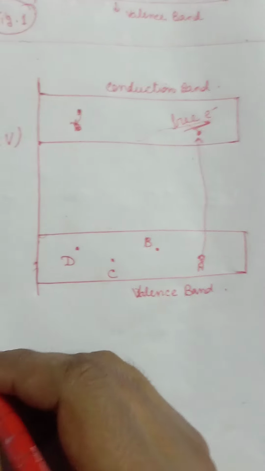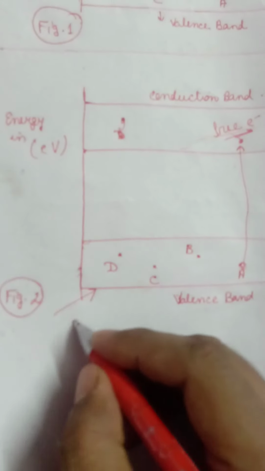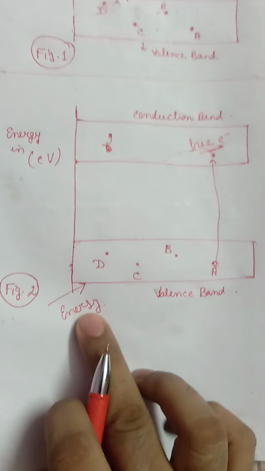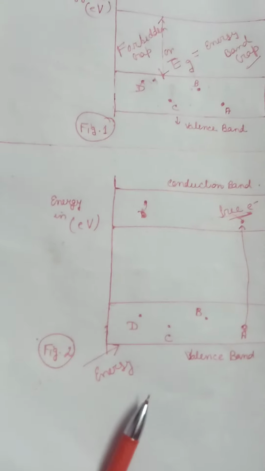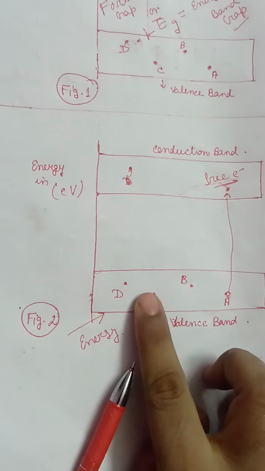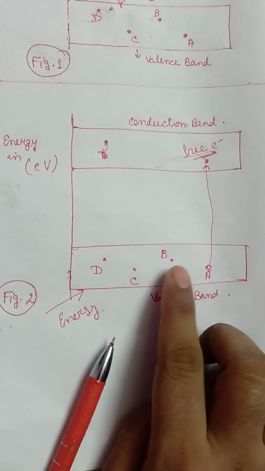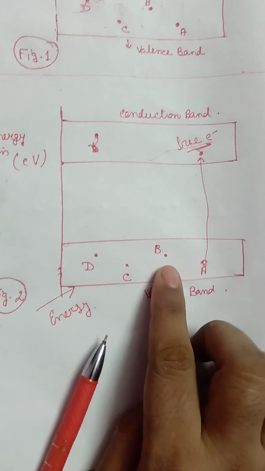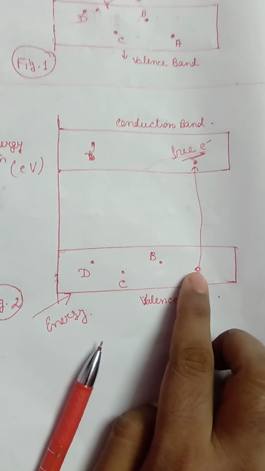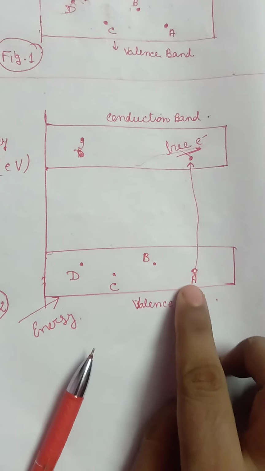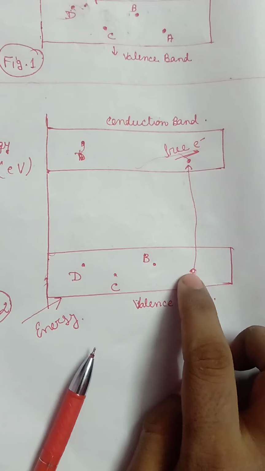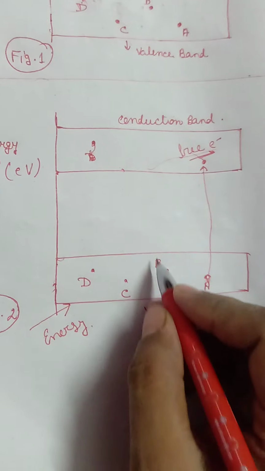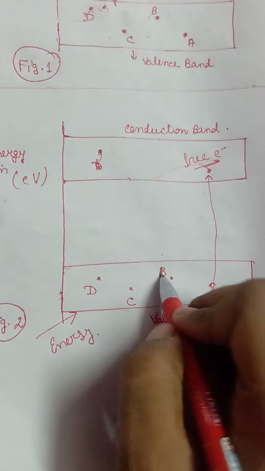That means when you apply some amount of thermal energy from outside, the covalent bonds will break. Suppose in our condition one covalent bond breaks. So what will happen? Now this electron has sufficient energy, so it can cross the gap between the valence band and the conduction band.